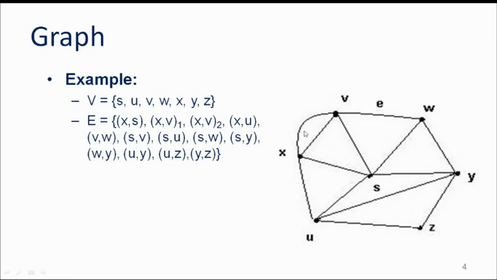But if you add edges like this unnecessarily, it is a kind of duplicacy or redundancy that you are adding to the graph. This kind of representation causes problems when we check for loops, because you go from X to V and V to X, again X to V and V to X. This is a kind of looping.